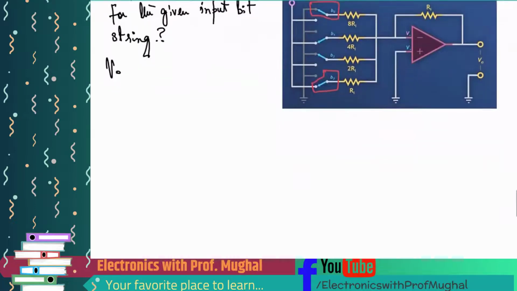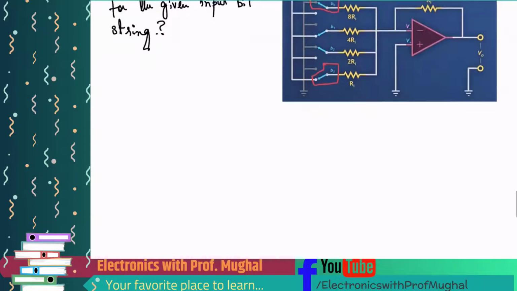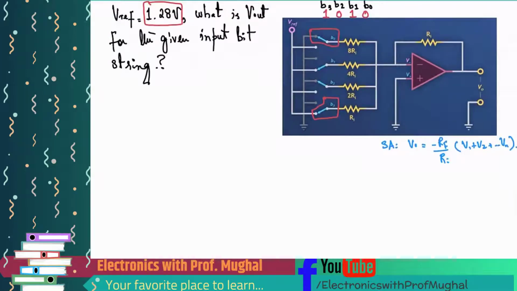Can I go down a little lower because I might need more space? For the summing amplifier, the equation we got for V out was minus RF over RI times V1 plus V2 plus whatever Vn. I'm trying to give a similar representation for V out.